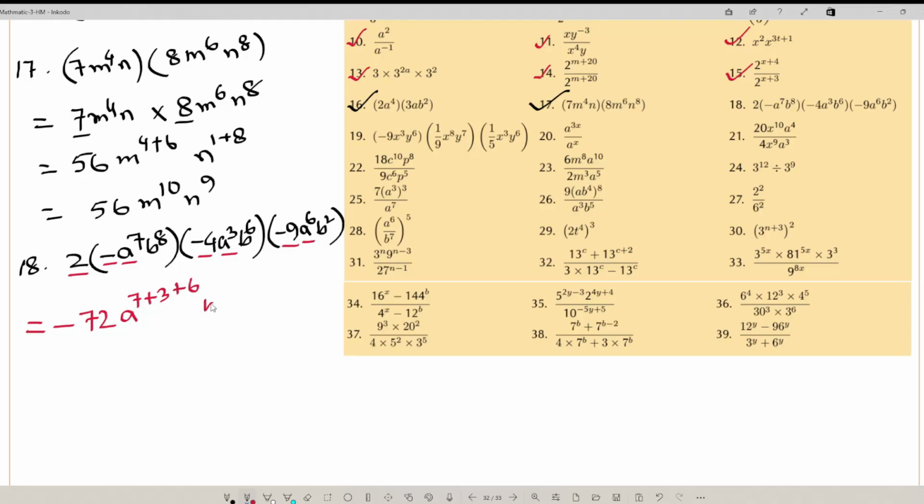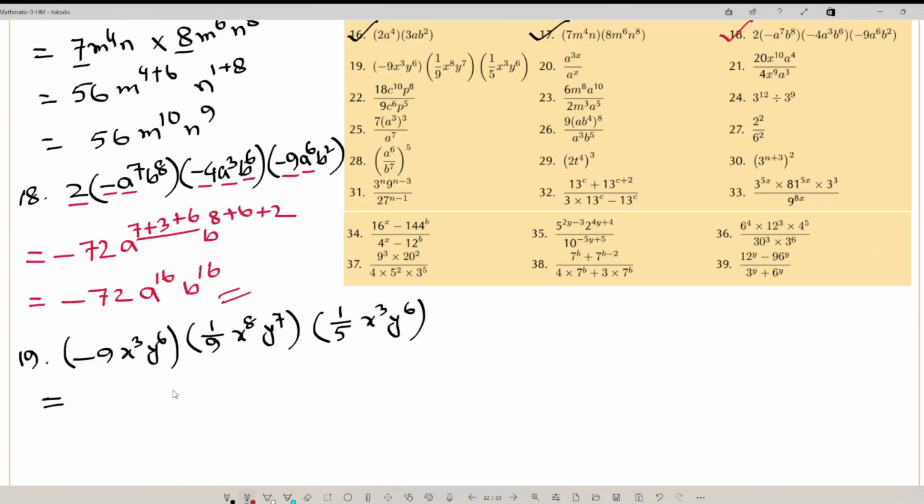Then b to the power 8 plus 6, because here is b power 6, and b square is plus 2. So minus 72 a to the power 7 plus 3 plus 6 is 16, and b 10, and also this one 16. So this is our answer. So 18 done.